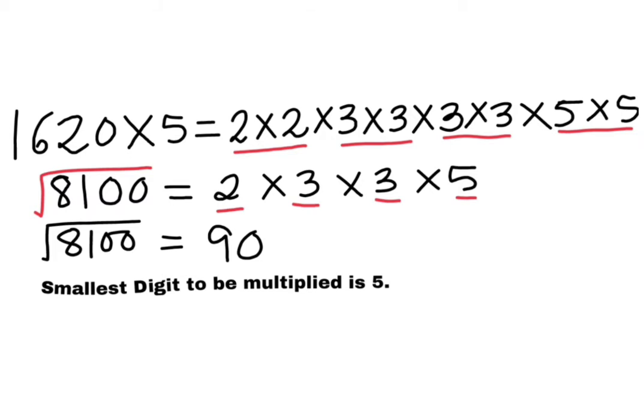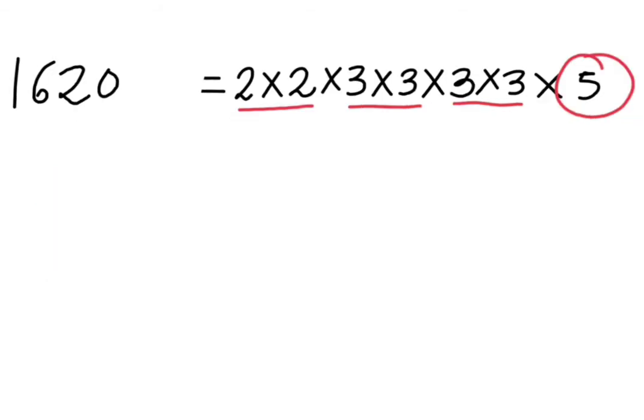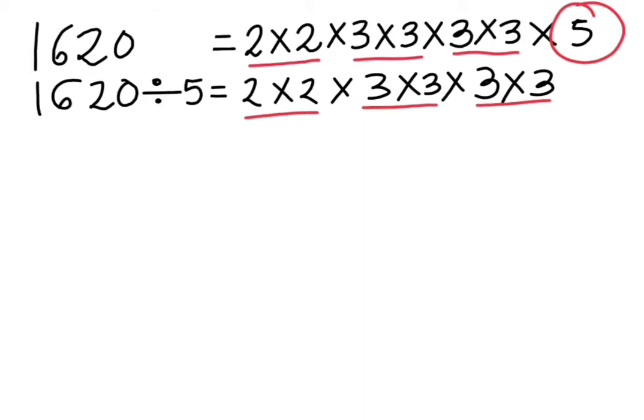Now let us see the second case, that was for our division. In this case we don't want this 5, we need to remove it. So we are going to divide by 5 on both sides. If we do so, then on the left side we divide by 5 and on the right side we end up with the pairs.